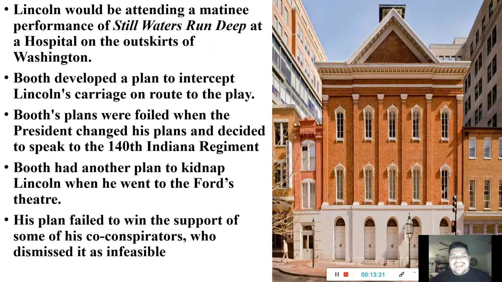How are they going to take him? On a carriage? You think you're going to put a 6'5" man in a carriage without him squirming and fighting? So they were like, no, this plan doesn't seem right. It doesn't seem good. So they lost confidence in him.